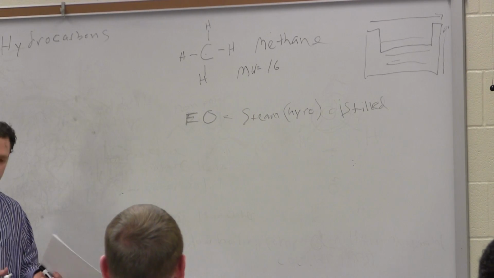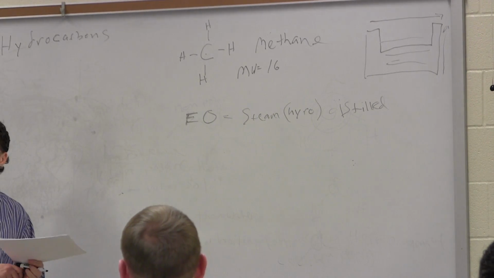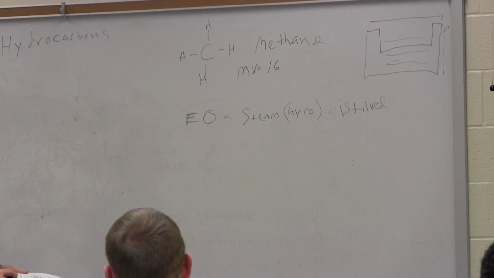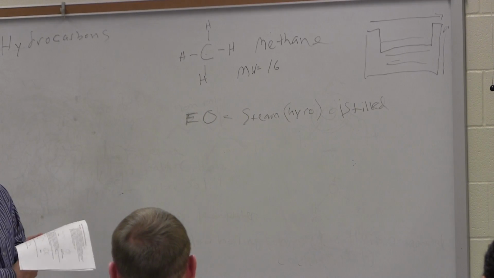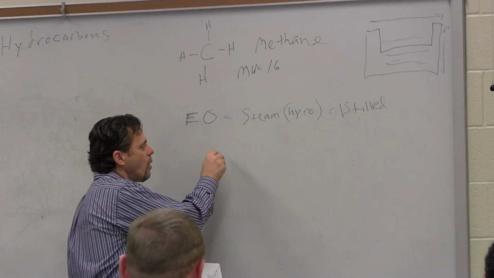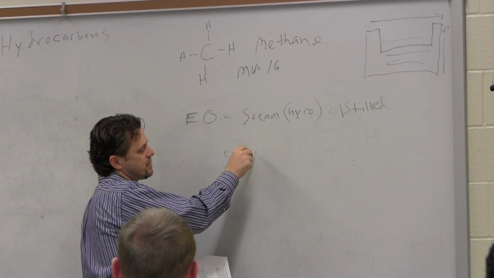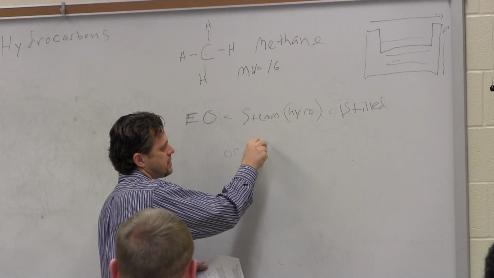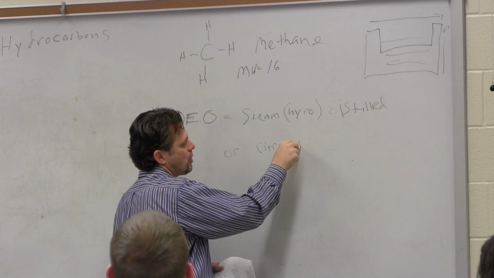It's a slight difference, but it does make a difference in the quality of the product that comes out the other end. So an essential oil is either steam or hydrodistilled, or in the case of citrus, that are cold pressed.